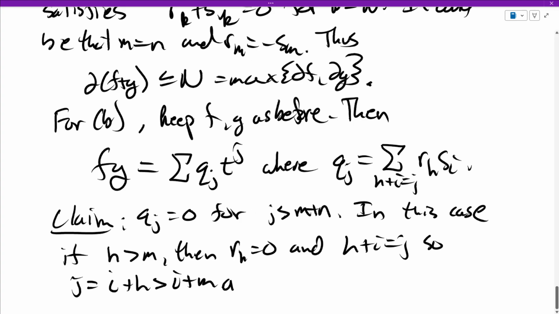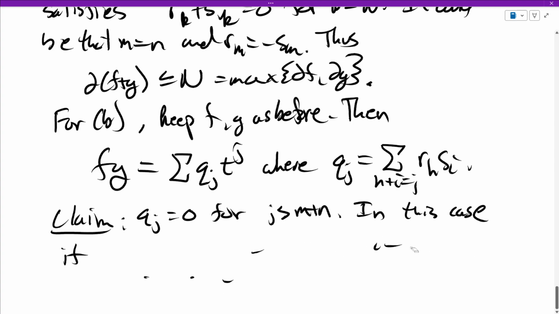But, sorry, I could have presented this slightly differently. So we're assuming that j exceeds m plus n, but we know that h plus i is j. Oh wait, sorry, I think I see where I've confused myself. All right, sorry, sometimes this happens.